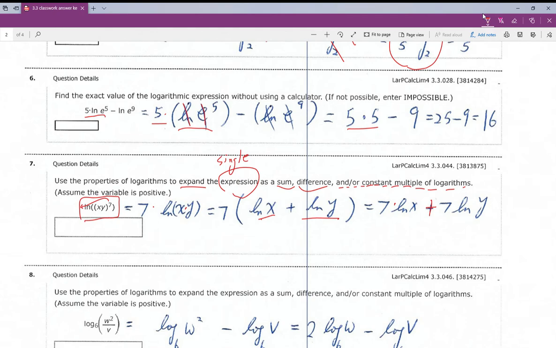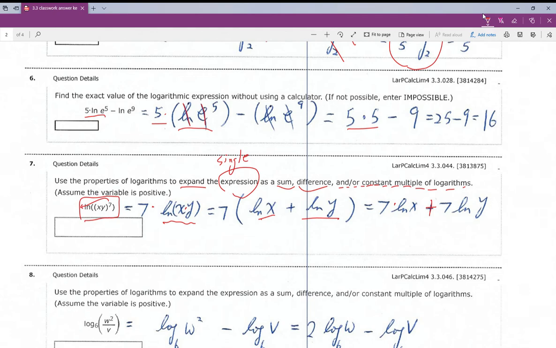So we use 2 formulas together. One is you bring 7, the degree, to become coefficient. Coefficient means multiply. And then you use another formula to separate inside the parentheses. When you have multiplication, you may separate to 2 separate logarithm functions, and you have addition.